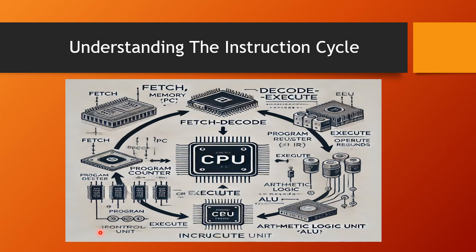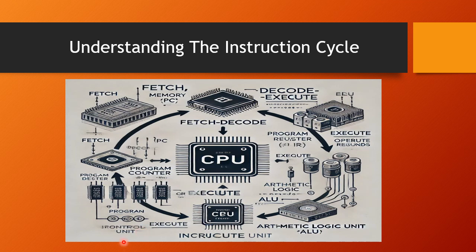Now we come to the decode stage. The purpose of the decode stage is where the CPU interprets the fetched instruction. The components involved with the decode stage are the control unit, the CU, that's the short name given to it.